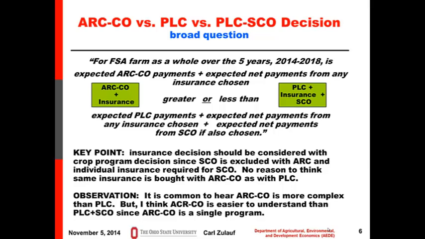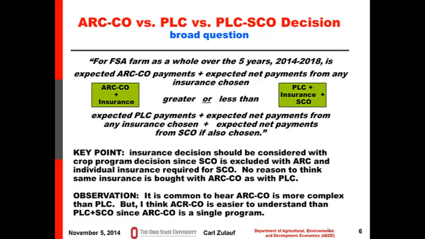For an FSA farm as a whole over the 5 years from 2014 to 2018, are the expected payments from ARC-CO plus the expected net payments from any insurance that I've chosen greater or less than the expected payments from PLC plus the expected net payments from any insurance that I've chosen plus the expected net payments from SCO if I've also chosen SCO?